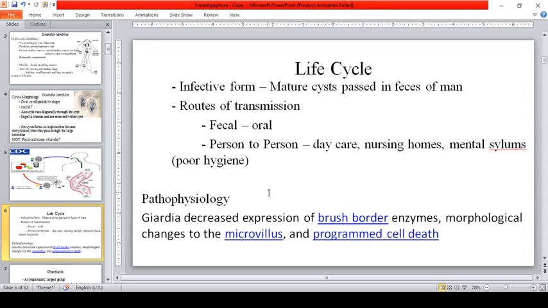So, we have a term, anilingus and fellatio. Okay? So, we define anilingus and fellatio. Anilingus is the oral and anal sex act in which a person stimulates the anus of another by using the mouth, including lips, tongue, or teeth.